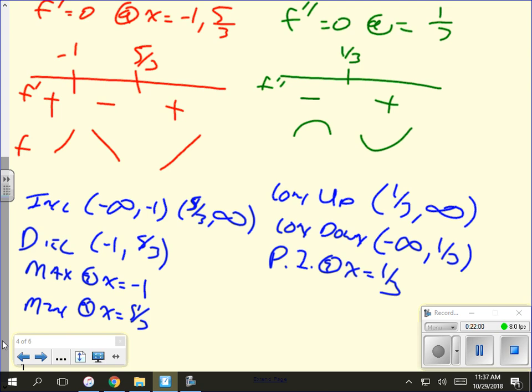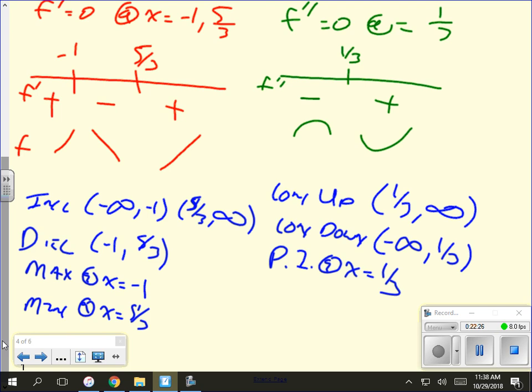All my corresponding values come from the original function. I have just located where. I don't know what the actual relative maximum is. I just know where it happens. Not what it actually is, but where it actually happens.